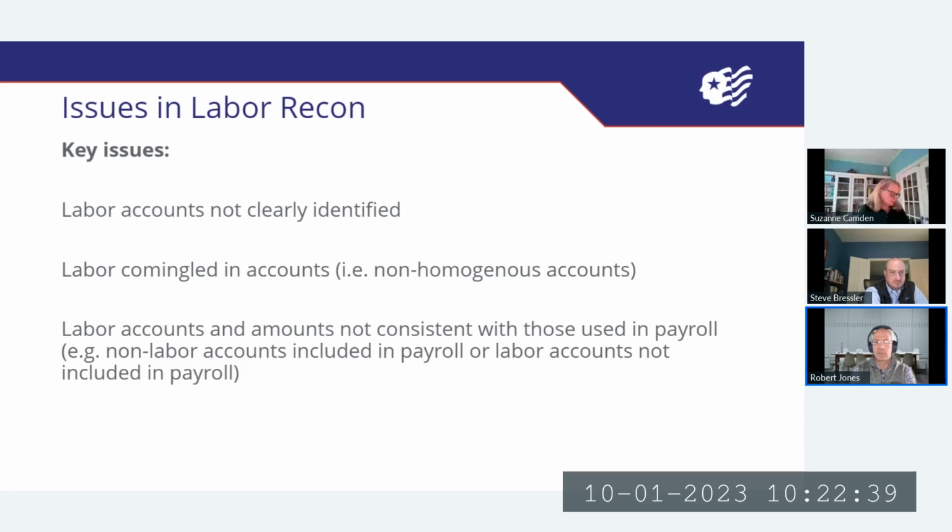When we dug into them, what we found is that it wasn't labor, it was actually moving expenses. We said, okay, give us all the accounts that you pay payroll against, and they gave us accounts, but some of them weren't labor. It might be a payroll expense.